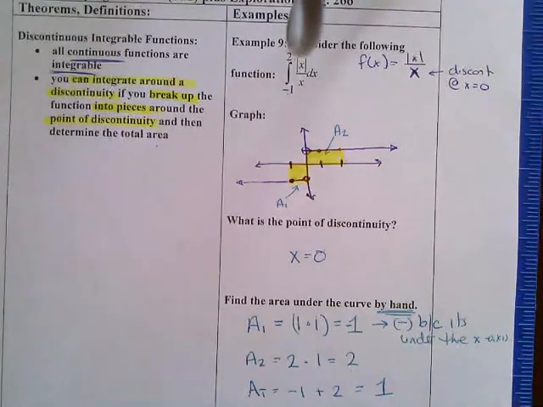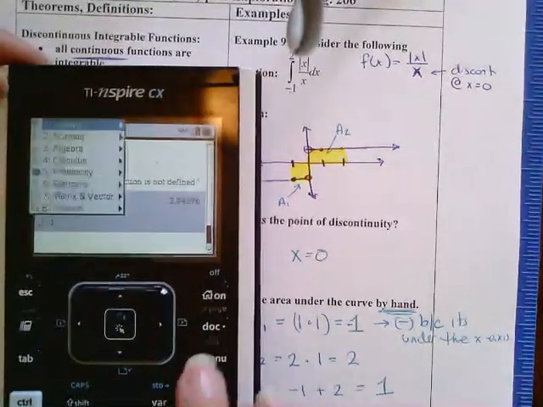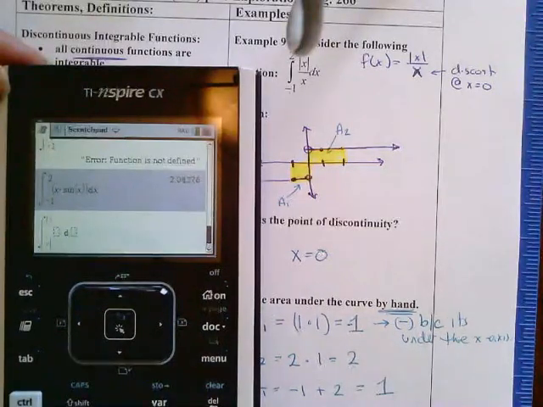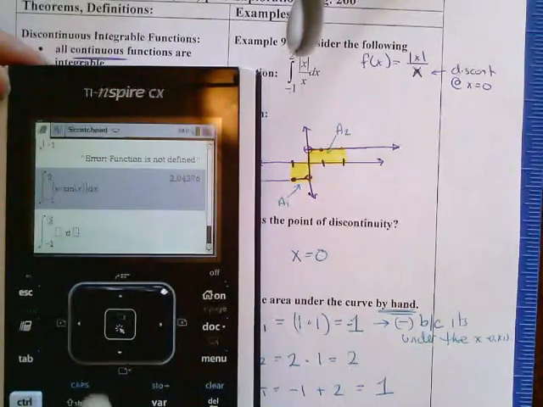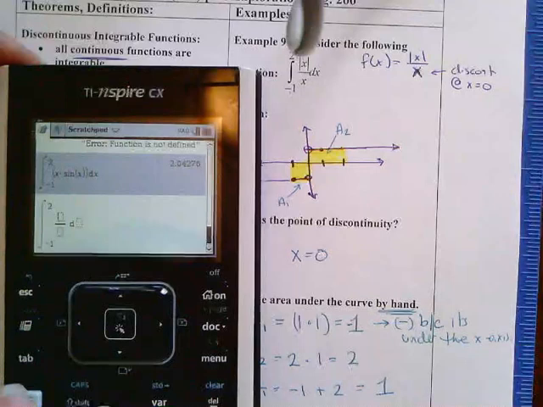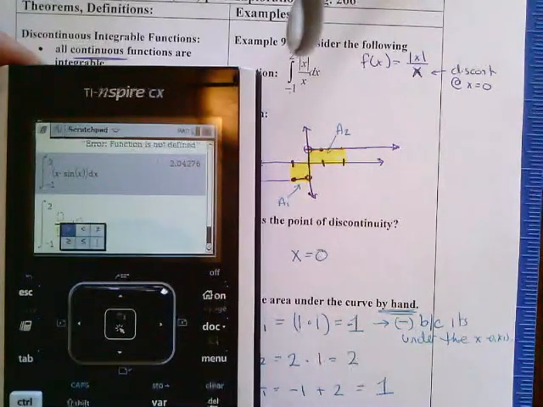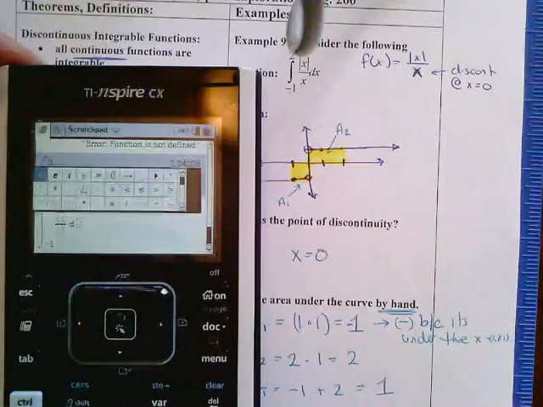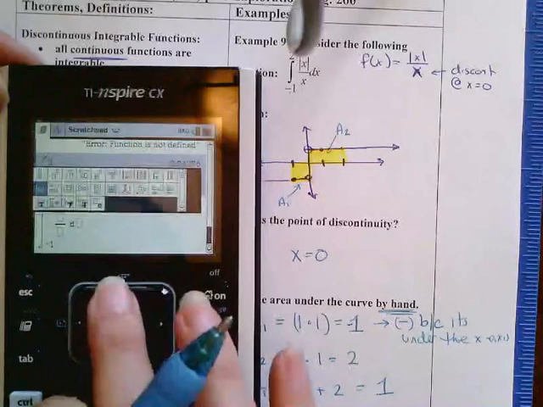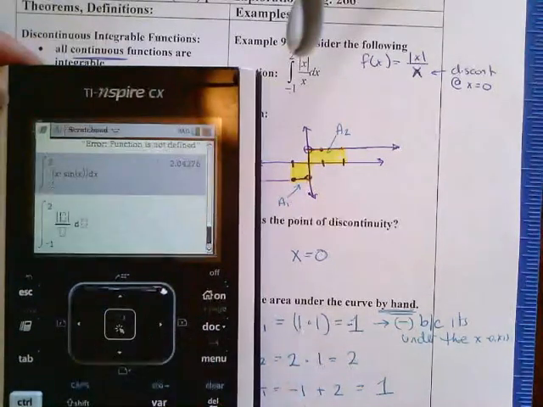Now, if you find the area under the curve using your calculator, we should get the same thing. So let's see. Menu, calculus, numerical integral from -1 to 2 of, control divide, we have absolute value. Nope, that's not going to be it. Oops. All right, where are we? Here's the absolute value. X in here, and then X down here.